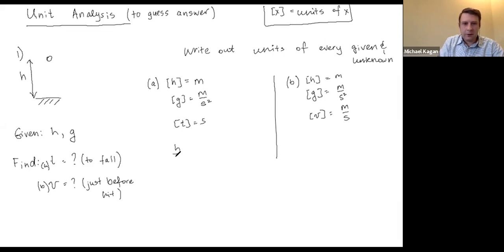So if you do h over g, you indeed cancel the meters and you get seconds squared. And then the next step, in order to actually get seconds, you want to consider the square root of that. So if you do square root, you get seconds, and this is exactly what you want for the time. So you say, okay, time seems to be equal root of h over g.